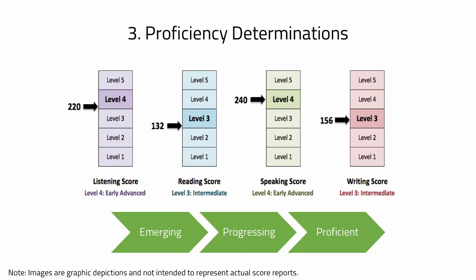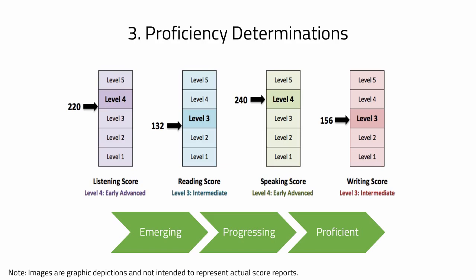The proficiency determination identifies ELs whose language skills enable full independent participation in grade-level academic contexts, and those ELs who are still working toward proficiency. We won't go into all the different combinations of domain scores that fall into each of these different proficiency categories here, but these rules will be available to you within the score interpretation materials.